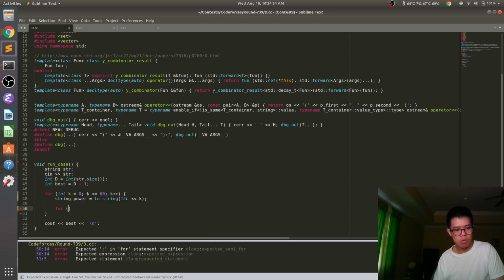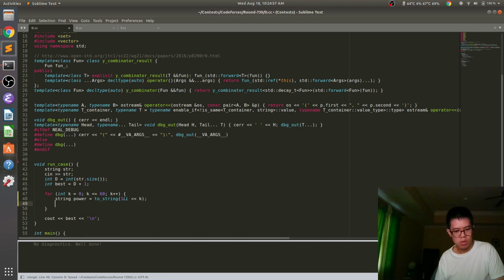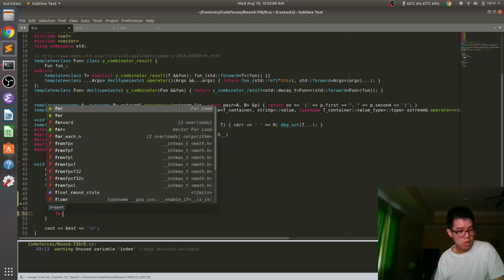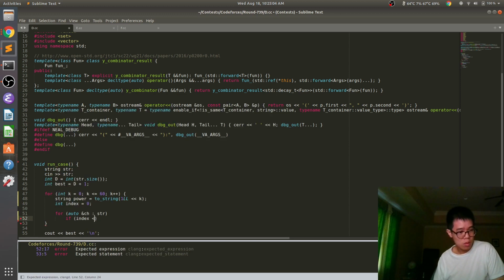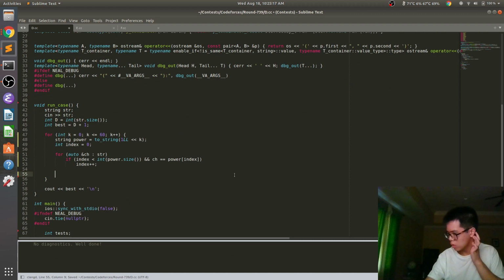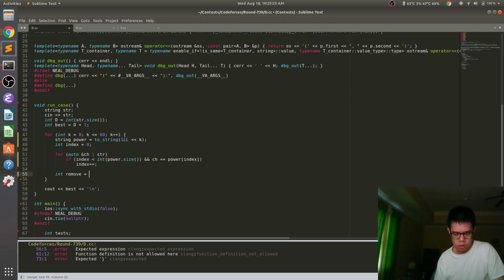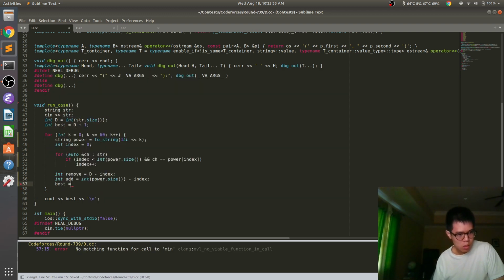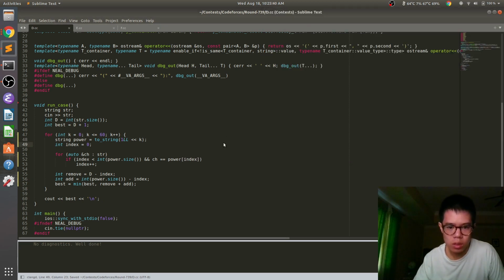And now we just greedy this for the amount we removed, and we need to add, and this is where we get, this is very fast.